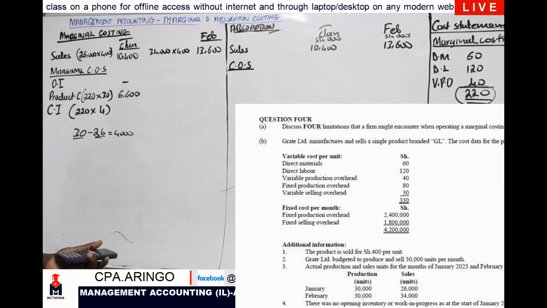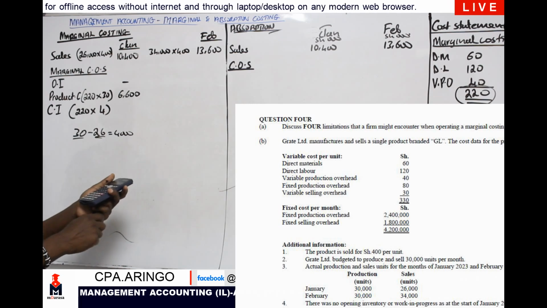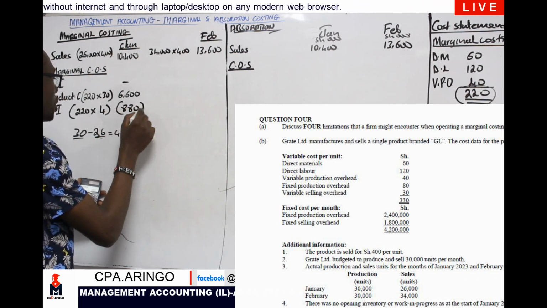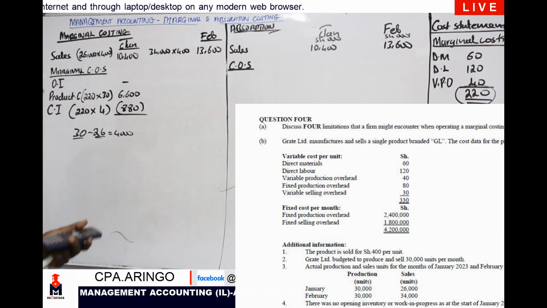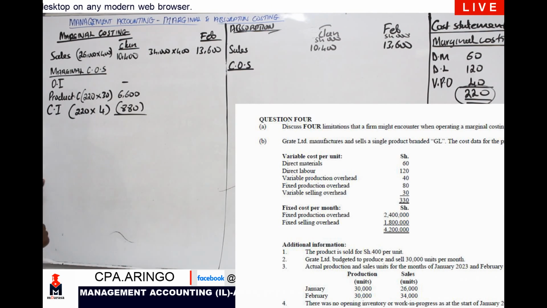So what will we be having? 220, very good, by 4 gives us 880. Because it is our closing inventory, we need to deduct.